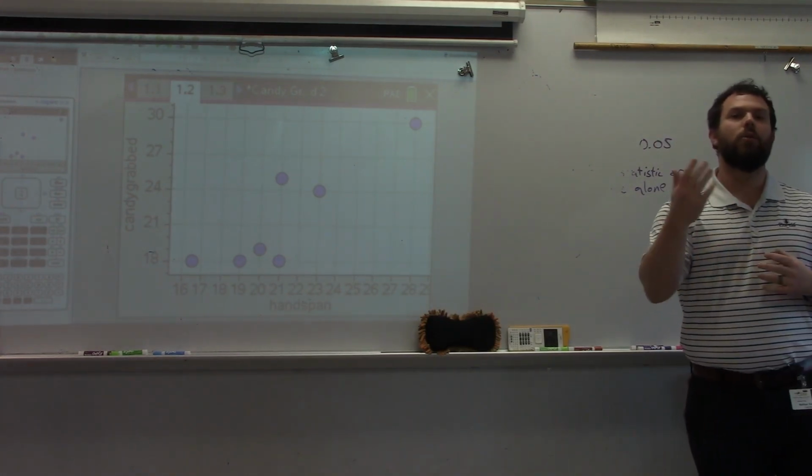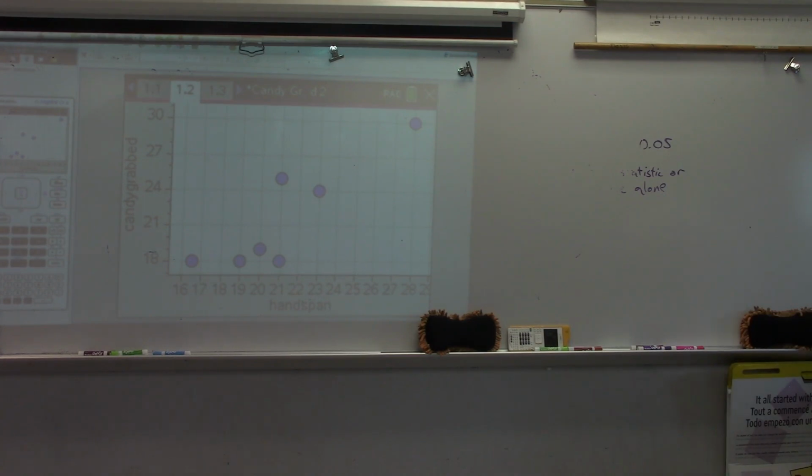And we ended the day talking about the best regression line, called the LSRL, least squares regression line. Pay attention to that.